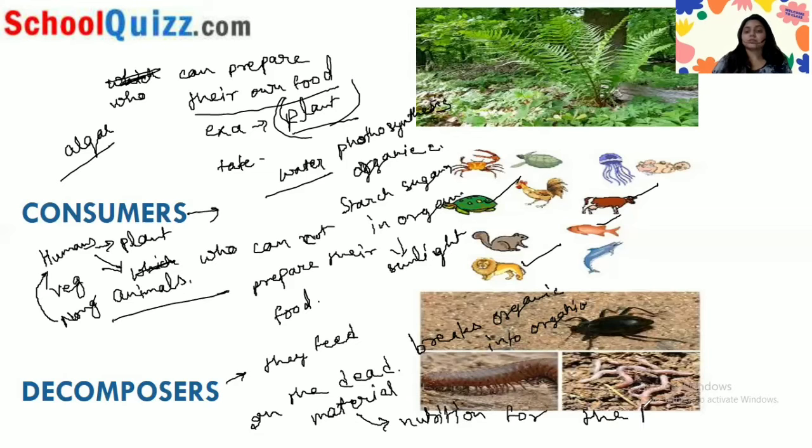Here you can see the example of the earthworm, and some bacteria which feed on dead animals or dead organisms. So they are the decomposers. So what is the producer? Producers can prepare their own food, and consumers cannot prepare their own food. Basically they depend on others. And decomposers feed on the dead material and it becomes nutrition for the plants. Okay.